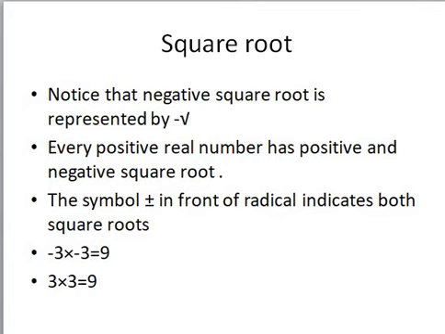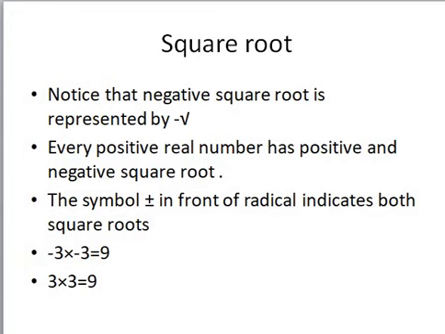Negative 1 times negative 1 is 1. Negative 6 times negative 6 is 36. So the square root of 36 could be 6, and it could be negative 6. But you cannot give me the square root of negative 36 with the negative under the radical symbol. It's an undefined number.